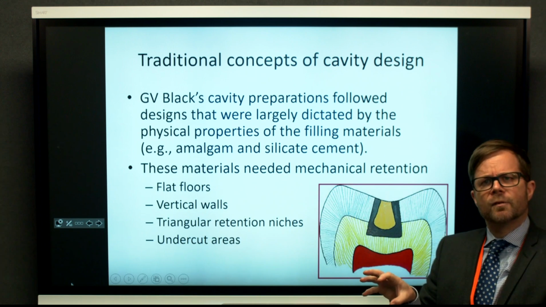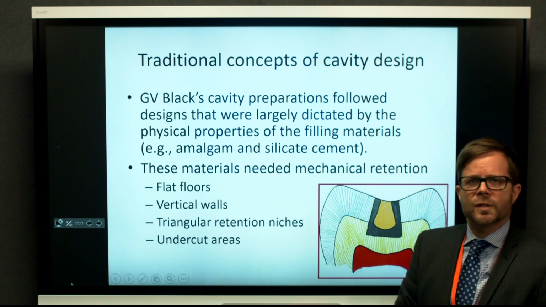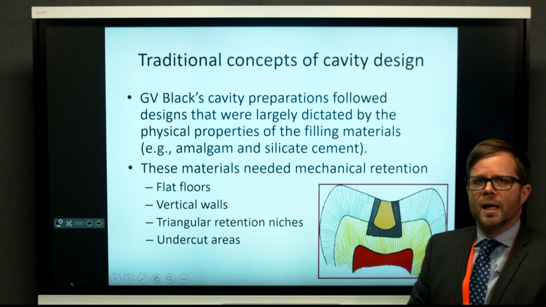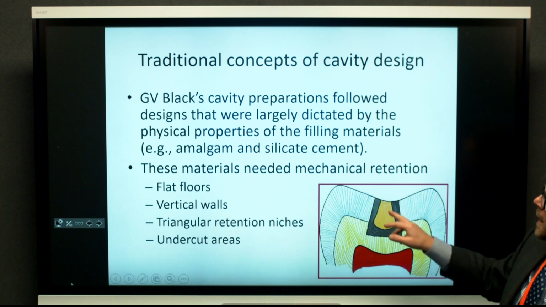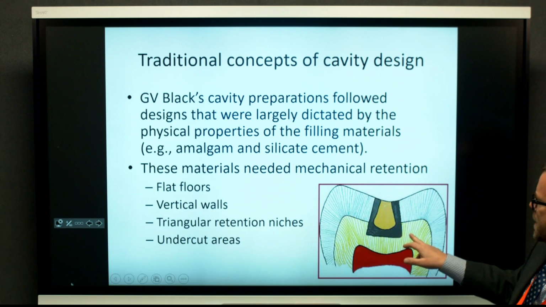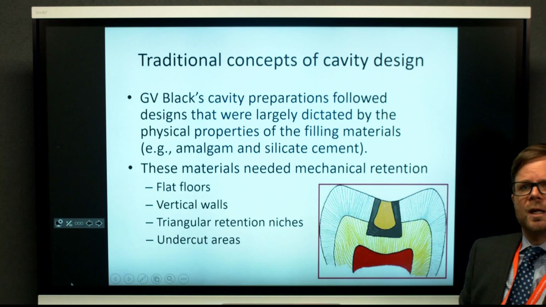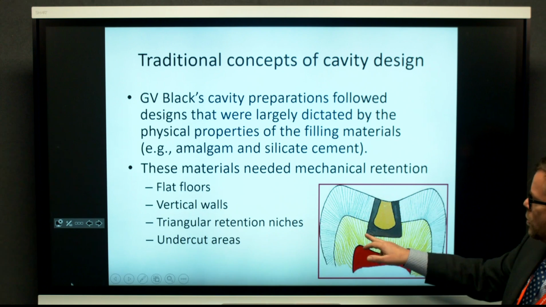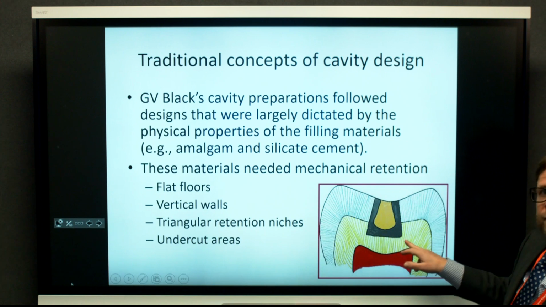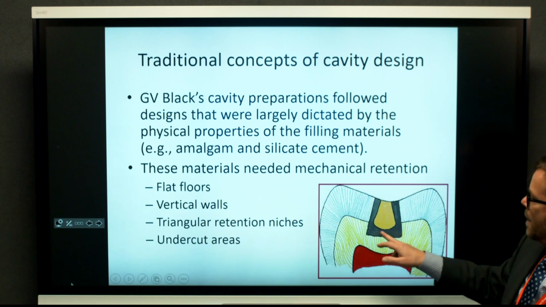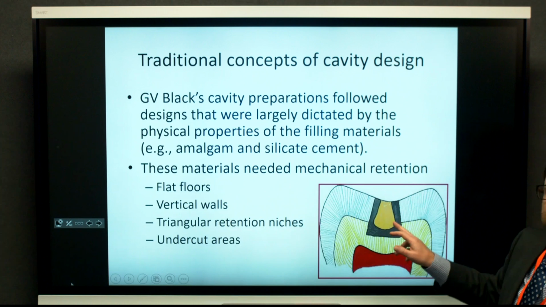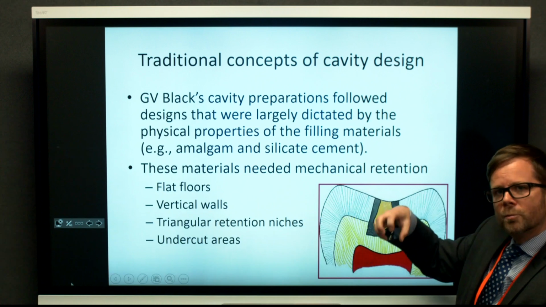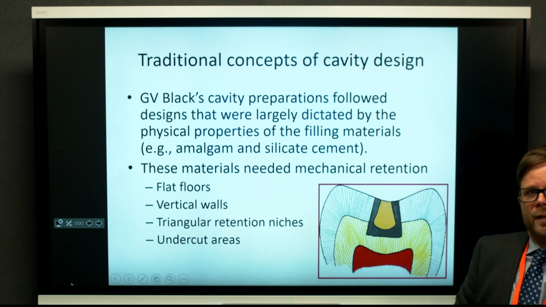It wasn't an adhesive restoration that stuck to the tooth surface, so it actually required a mechanical lock to keep it in place. And as a result, the design of the cavity had to be geometrically very strict. It had to have straight walls, floors that were flat, very sharp angles in order to retain the amalgam, and undercuts so that the amalgam wouldn't be pulled out of the cavity.